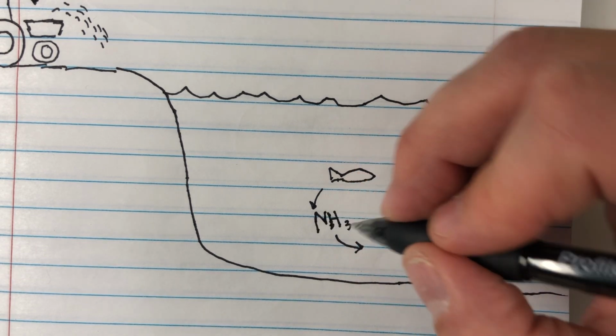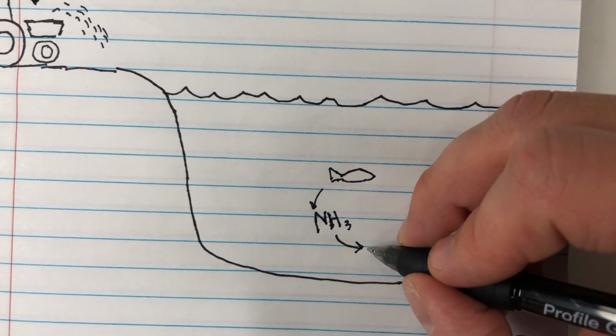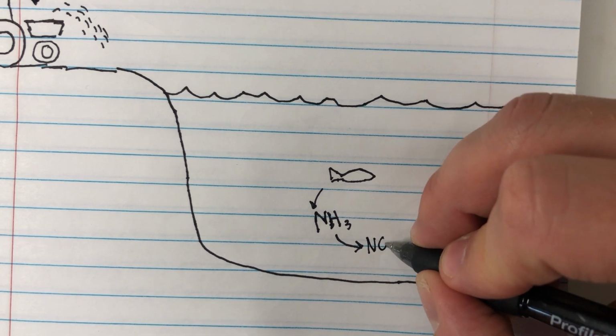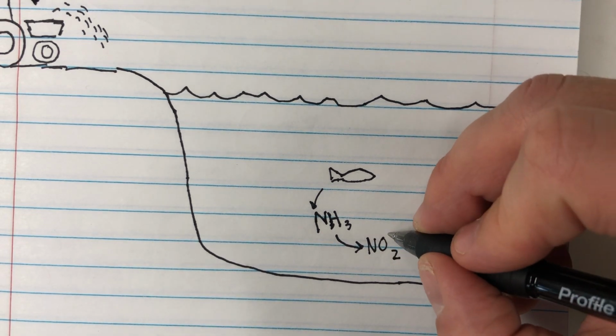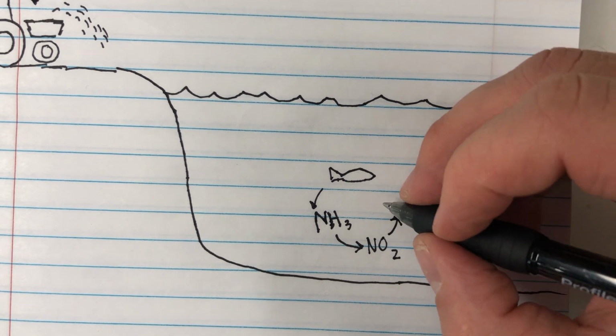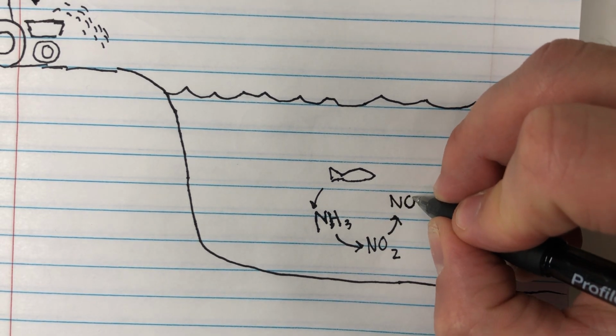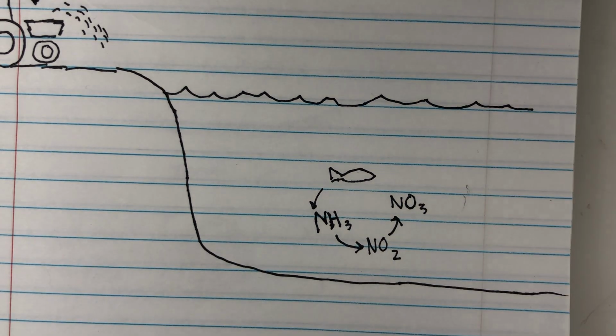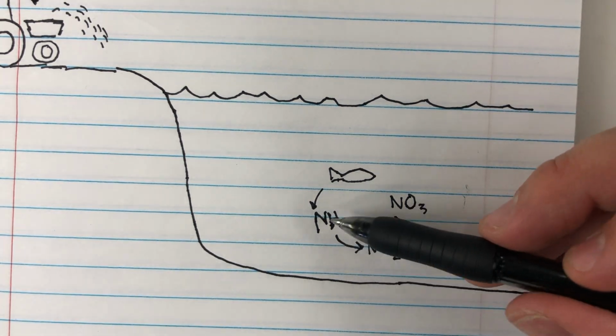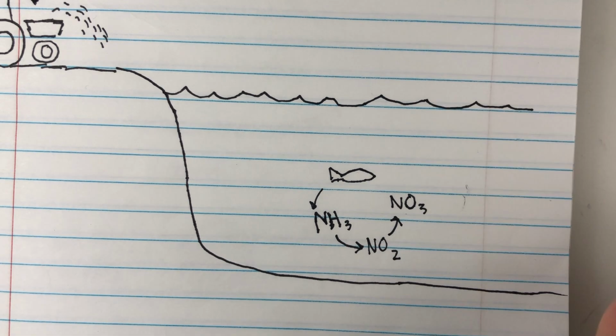I'm kind of going from right to left this time with my process, is converted to nitrite. And we check these in our fish tanks all the time. If you're an aquarist or someone that owns an aquarium, you know that you have to check for these levels, ammonia to nitrite to nitrate, okay?